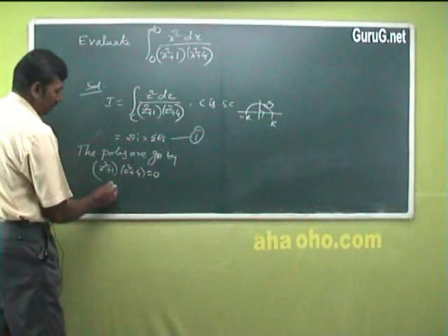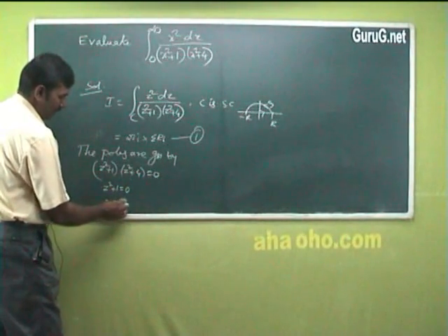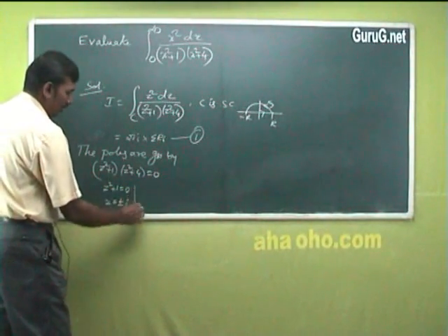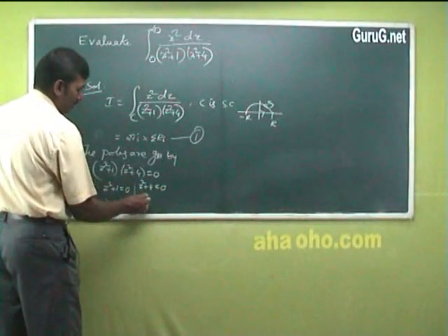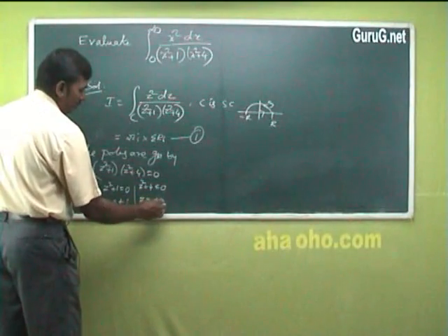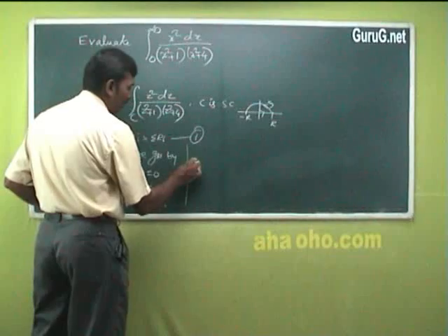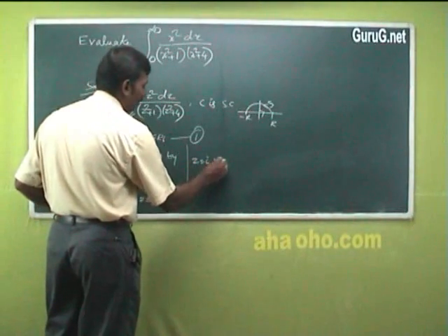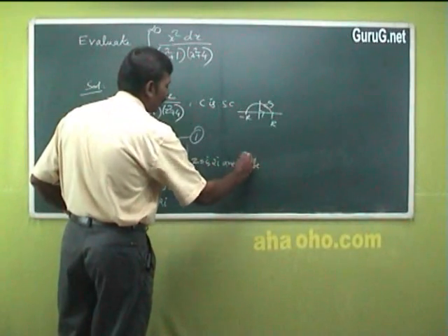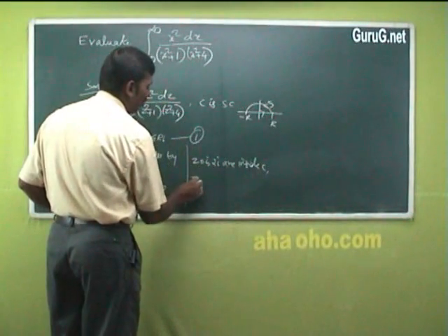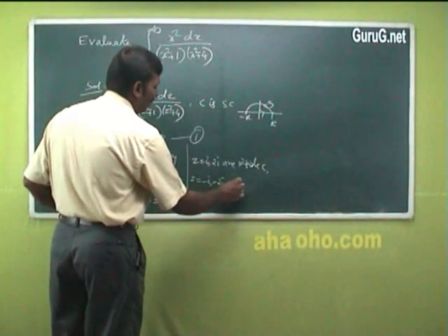So z squared plus 1 equal to 0, so z equal to plus or minus i. Then z squared plus 4 equal to 0, so z equal to plus or minus 2i. So z equal to i and 2i are inside, and z equal to minus i and minus 2i are outside.